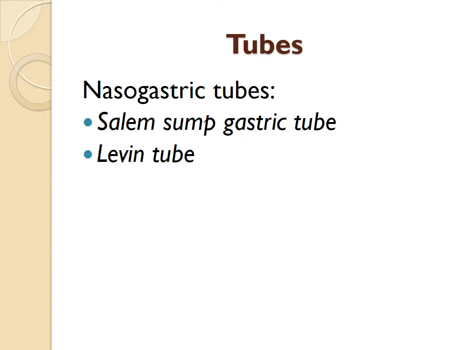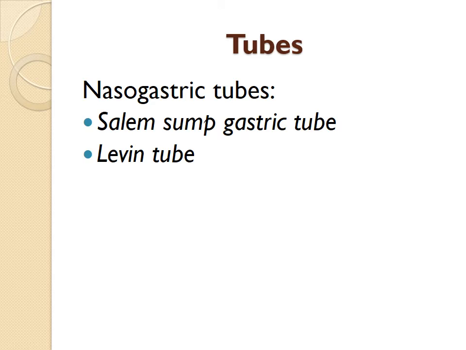If for some reason you begin to see fluid backing up into the tube itself, a nursing intervention that you can try, as long as the liquid has not reached that anti-reflux valve, is to take a 10 milliliter syringe, instill air into it, and try and push the fluid back down through the tube.